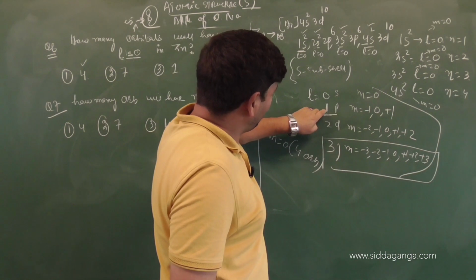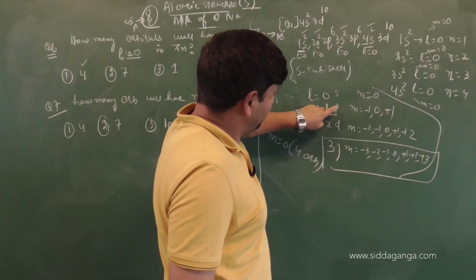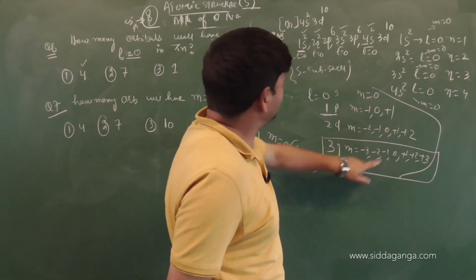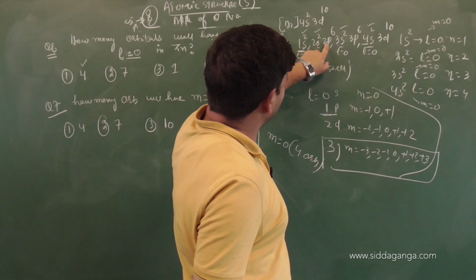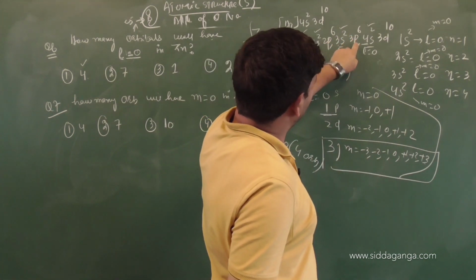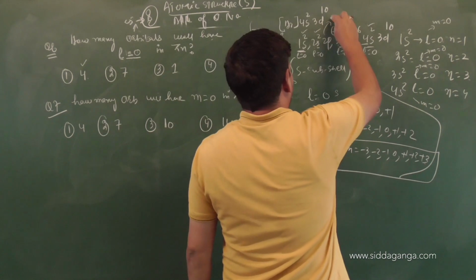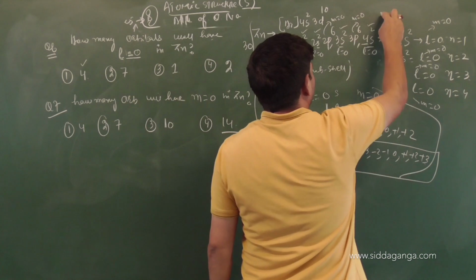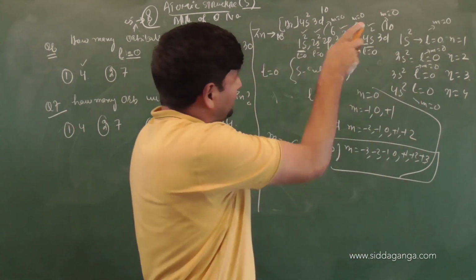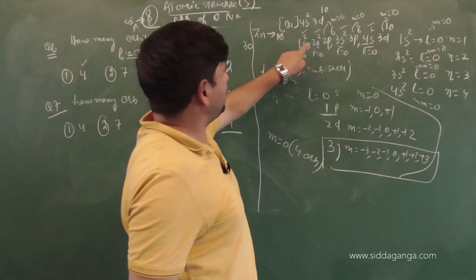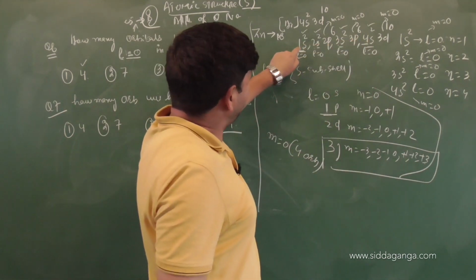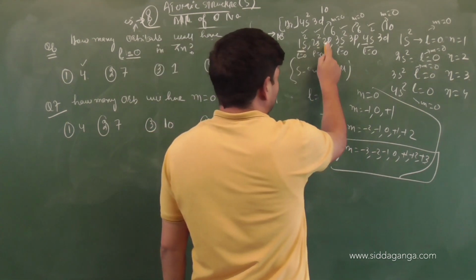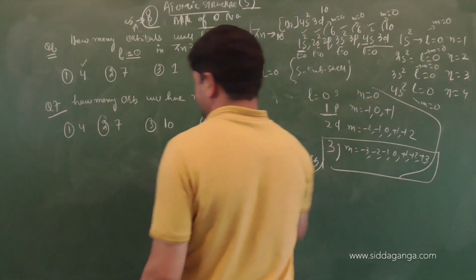For p also, M value will be 0. For d also, M value will be 0. In all the 3 cases, M value is coming 0. So every subshell has M value 0. So total subshells: 1, 2, 3, 4, 5, 6, 7. So the correct option will be 7.